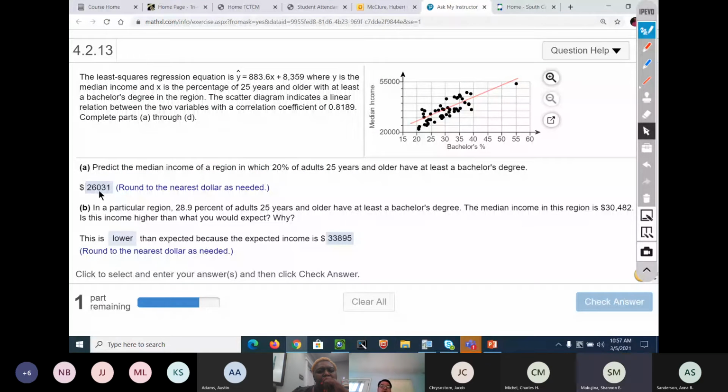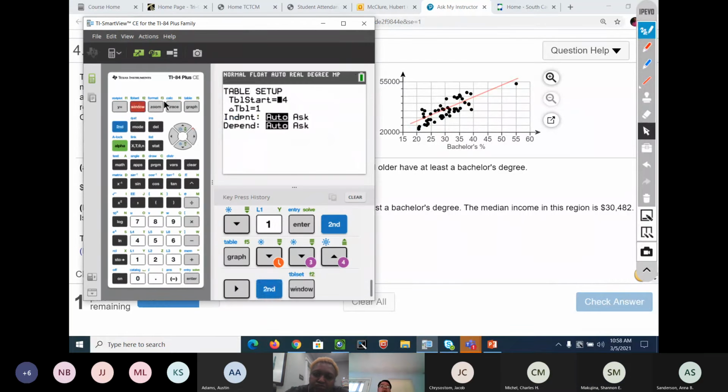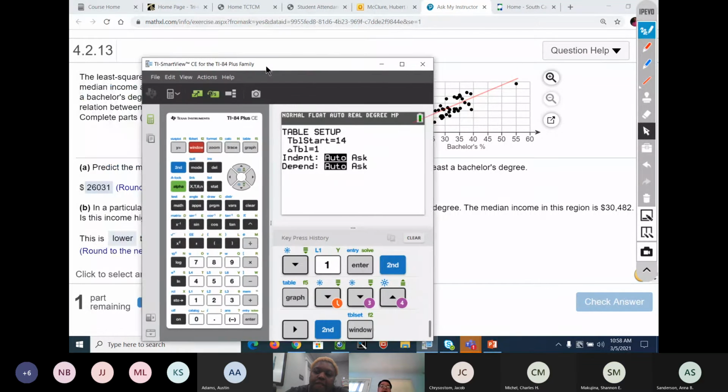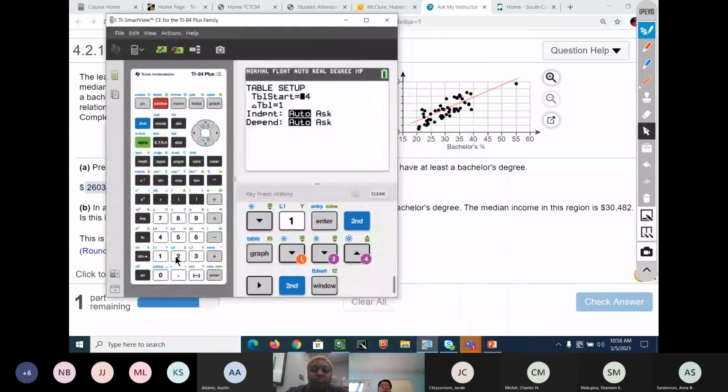Now what is X right here? 28.9. Oh gosh, that's a decimal. So I need to change my start to 28, and I need to change my increment to 0.1. So I go to table set, and I type in 28, and I type in 0.1.